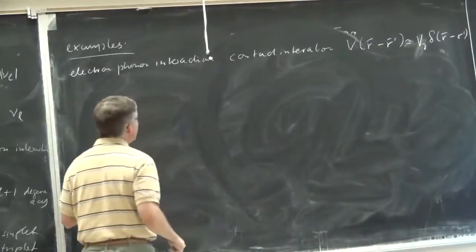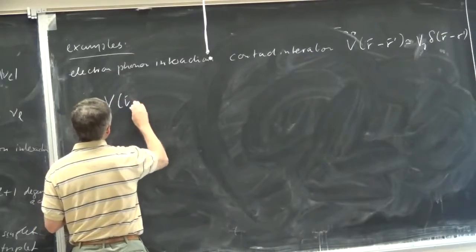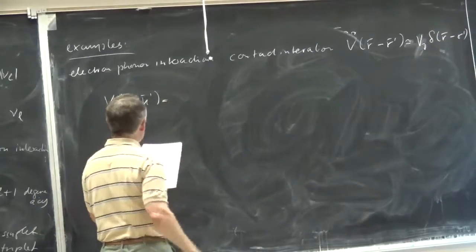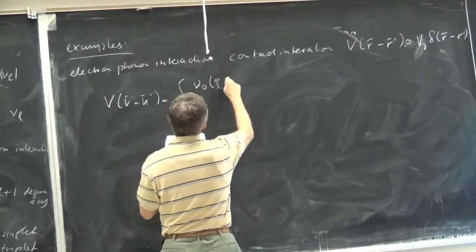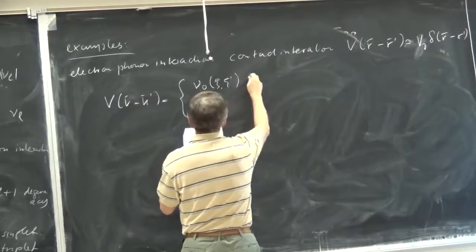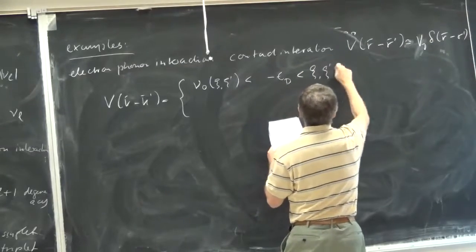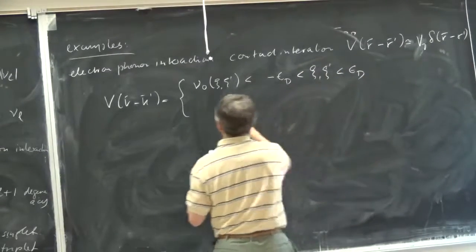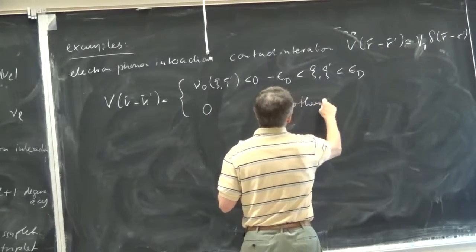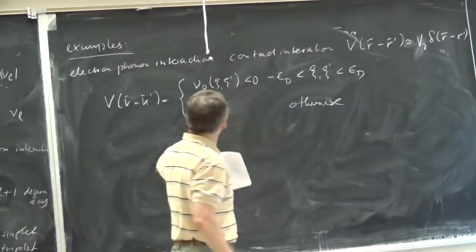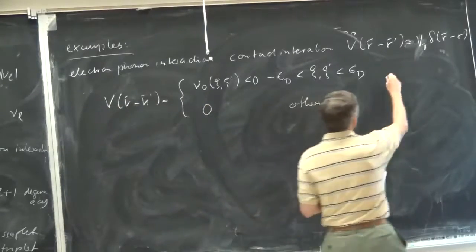So it's a contact interaction. In that sense, if I now look at V of k minus k prime, I would have mu naught, something in the L equals 0 channel.